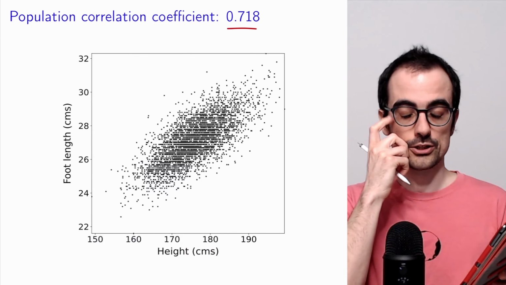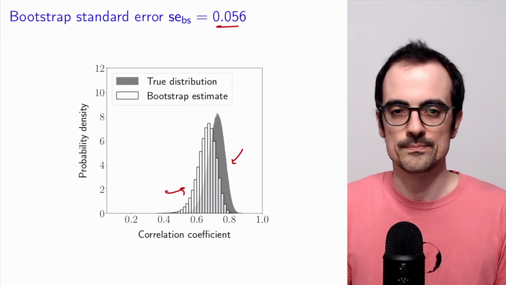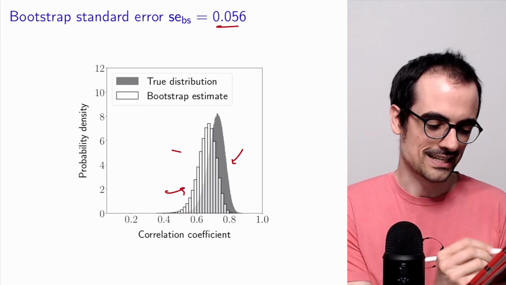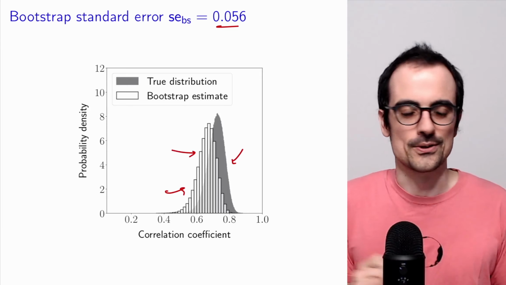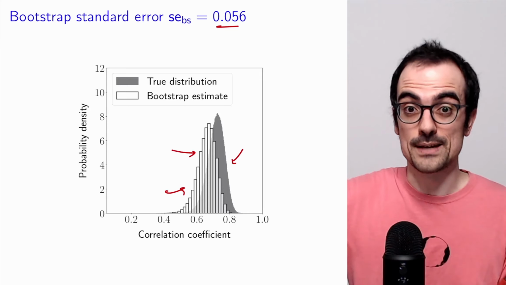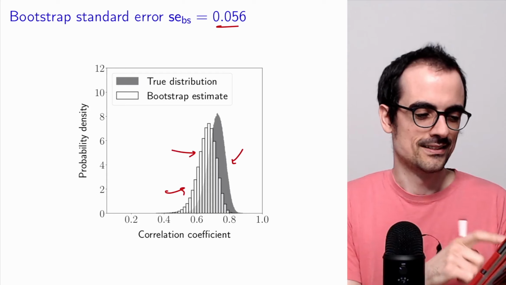This is the Bootstrap distribution, and this is the true underlying distribution. They do have similar standard deviations, so you can see that the standard deviation approximation obtained by the Bootstrap is actually pretty good. You can also see that this is not exactly Gaussian, which is going to be our assumption, but this is a motivation for what comes next.